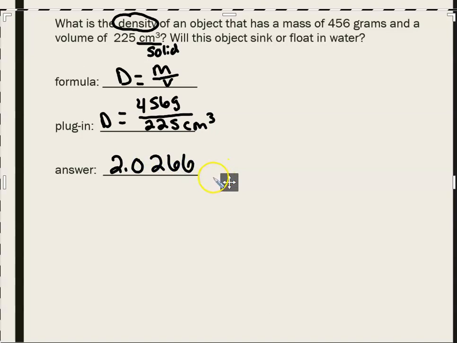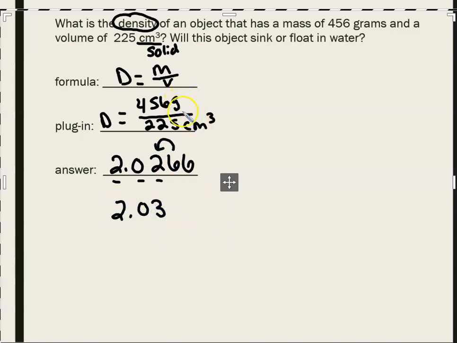So now we want to practice using significant figures. This one had 3, this one has 3, so we need our answer to have 3, and we are going to round appropriately. This would be 1, 2, 3. Now this is a 6, which is going to cause that to round. So the answer is 2.03.